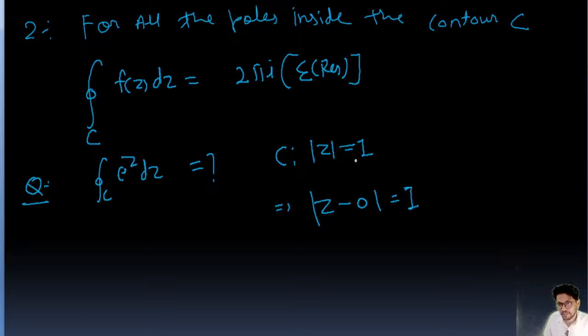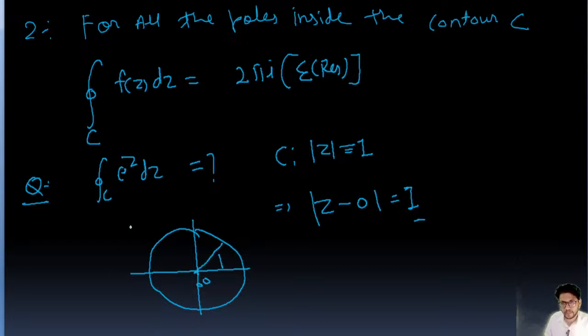So the contour is a circle whose radius is 1 and whose center is at the origin, 0 0. So this is the contour. Now I'm going to solve it.